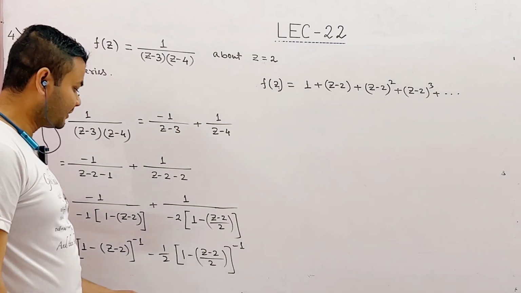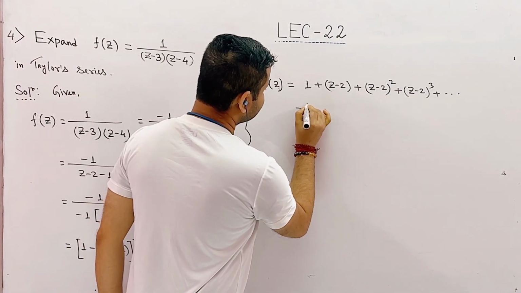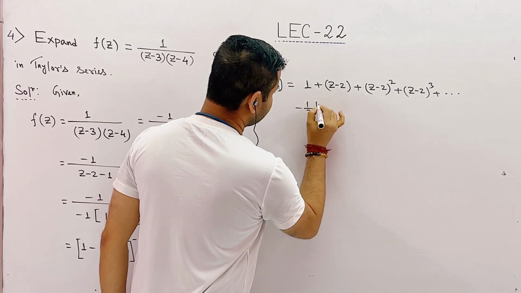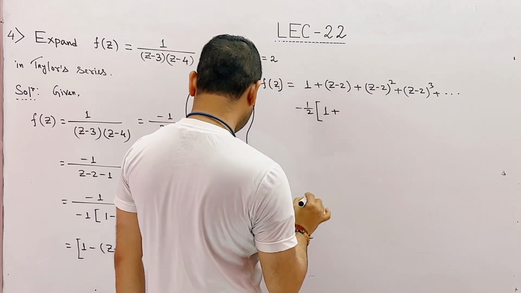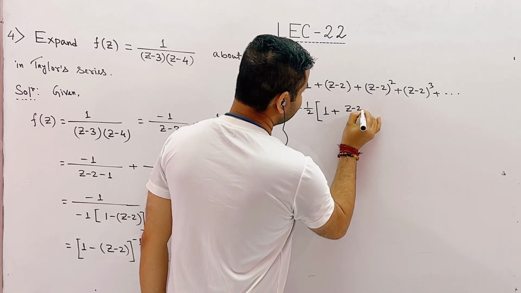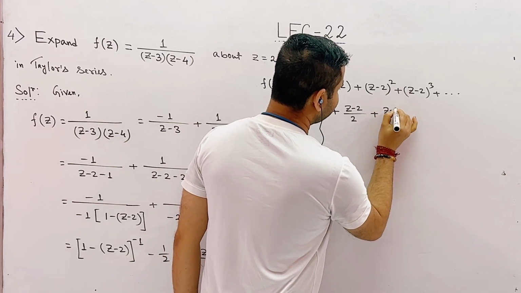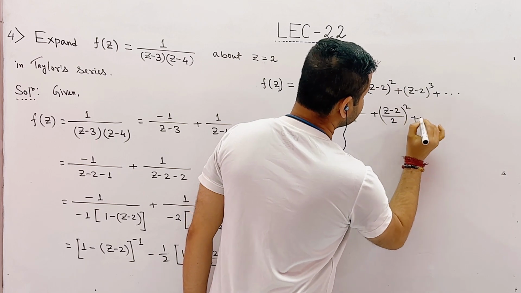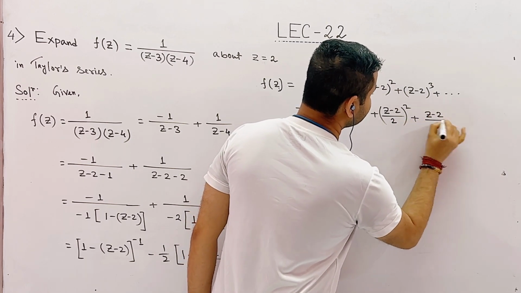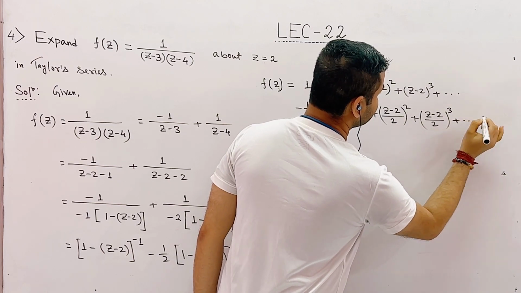Again, if we expand this term, then we will get minus half into 1 plus (z minus 2) divided by 2 plus ((z minus 2) divided by 2) whole square plus ((z minus 2) divided by 2) whole cube plus dot dot dot.